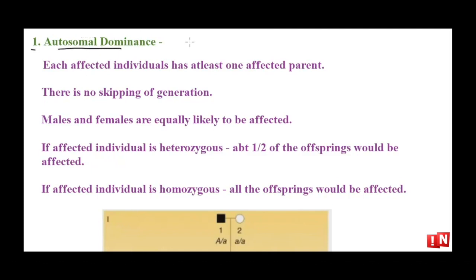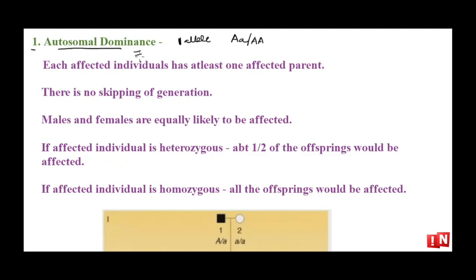Autosomal means the genes are present on autosome, and dominance means only one allele is enough to give you the disease, right? That is why dominant. So it can be a homozygous condition or a heterozygous condition for autosomal dominance.